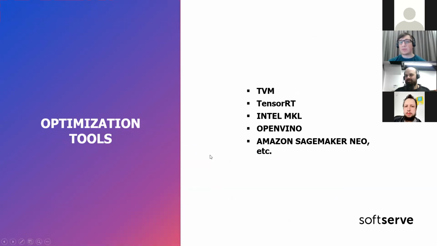And the last part of my talk is about how to use all these optimizations for neural networks. Luckily, there are a lot of already developed tools for doing such optimizations. There are TVM, TensorRT, and many others.